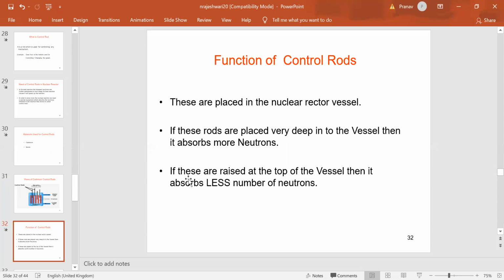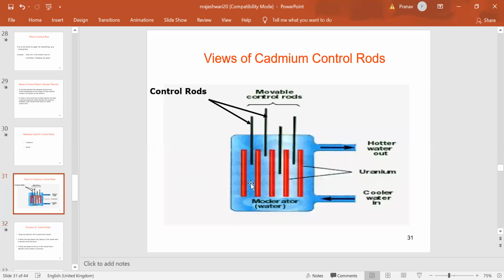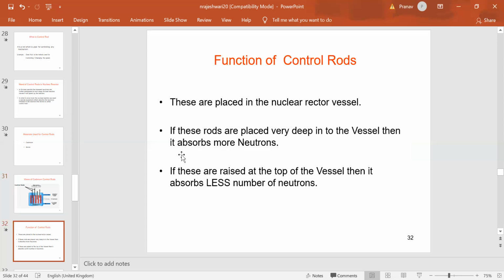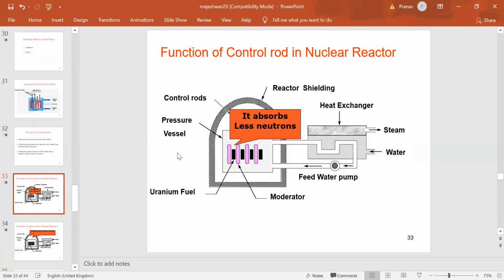If they are raised to the top of the vessel, then they absorb fewer neutrons. Because when they are dipped deep into the vessel, only then will they absorb the neutrons released in the nuclear reaction. If they are placed at the top of the vessel, then only a few neutrons are absorbed by the control rods.